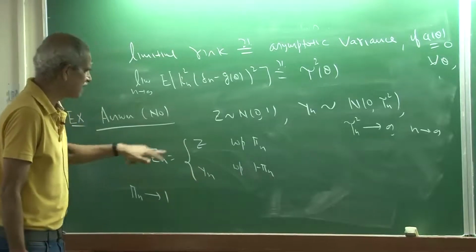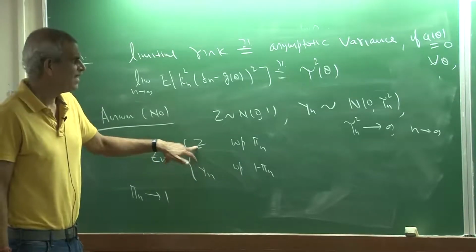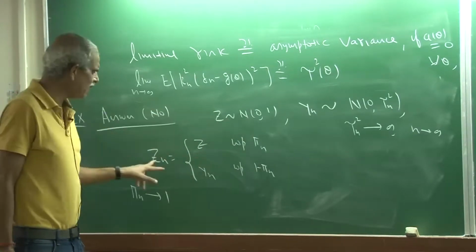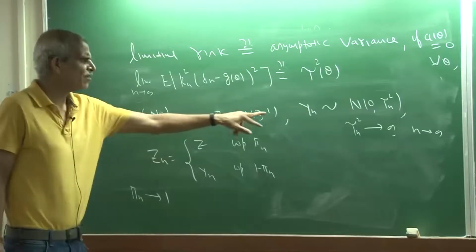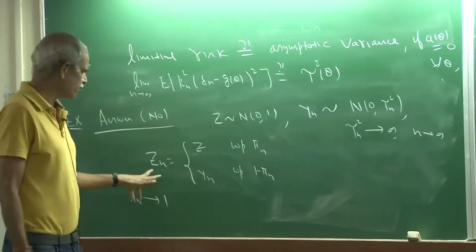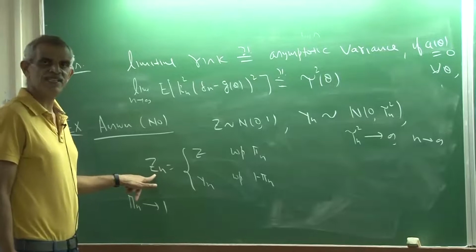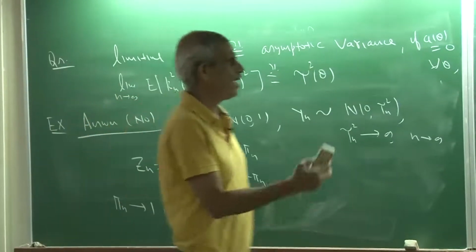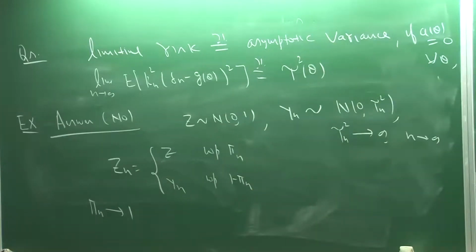So you would expect that Z_n is distributed as Z, which is nothing but normal 0, 1. So the asymptotic variance of Z_n will turn out to be 1. And then you try to show that its limiting risk will not be 1 if I choose tau_n and pi_n appropriately. So the idea is very simple.